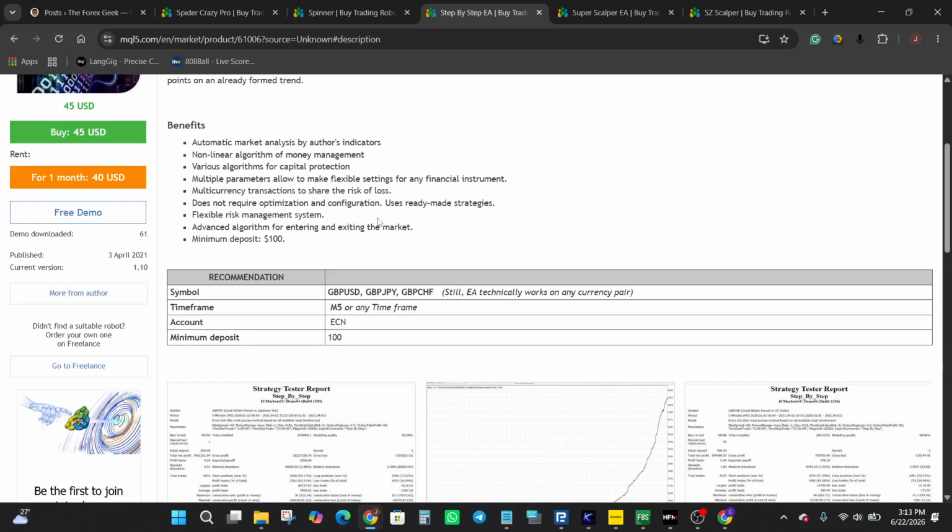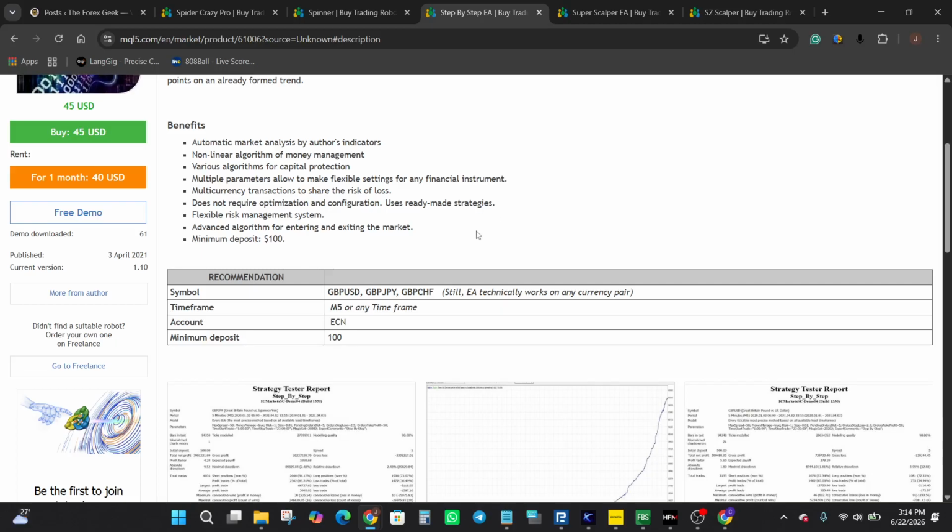The product page also emphasizes multi-currency trading as a way to distribute exposure across different markets. In addition, the developer notes that the EA uses ready-made strategies and does not require optimization or extensive configuration before use.